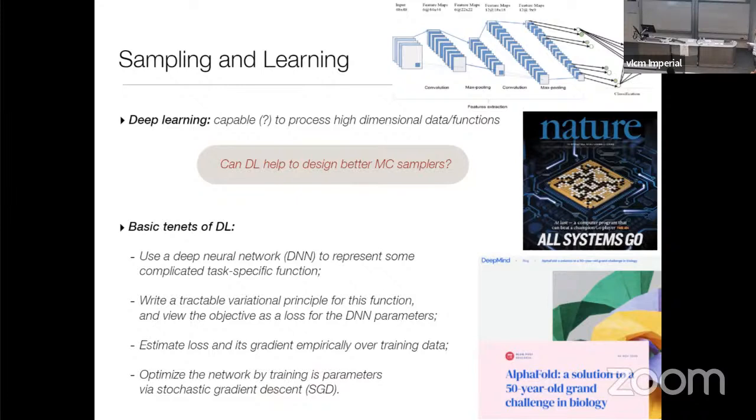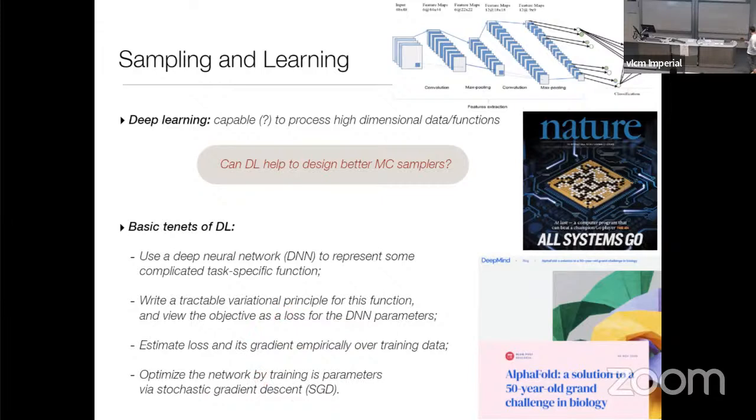The reason why I say this is a priori well suited to Monte Carlo is that if we manage to design a proper variational principle for the Bayesian function that we want to use in the Monte Carlo to construct the kernel or the base, then we can use Monte Carlo itself to estimate the loss and its gradient and close the loop in this way.